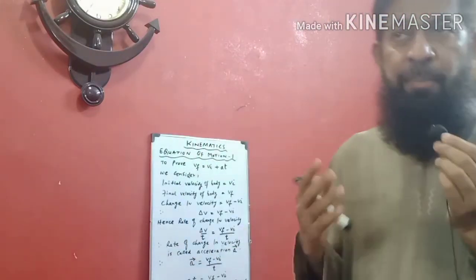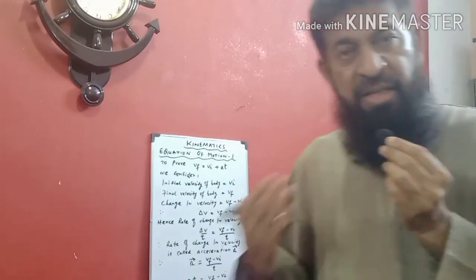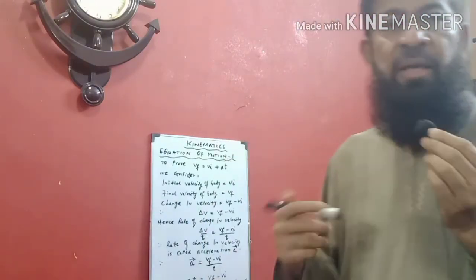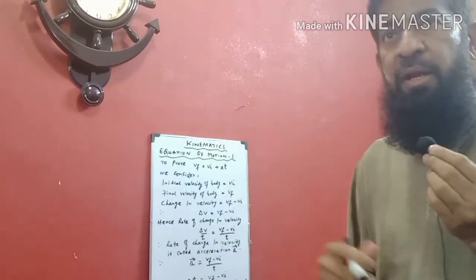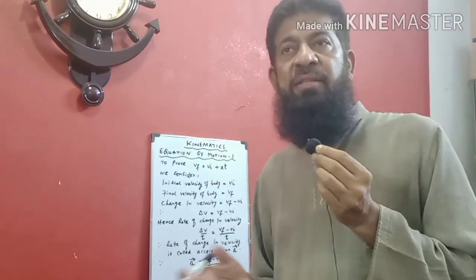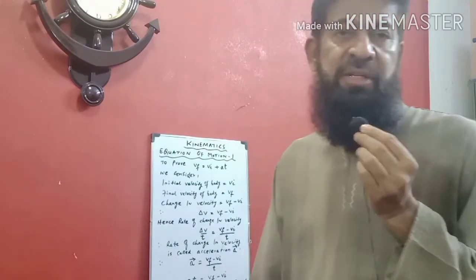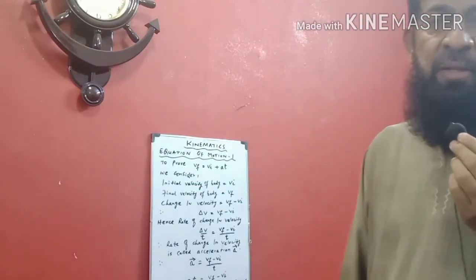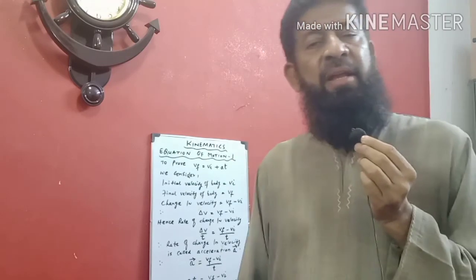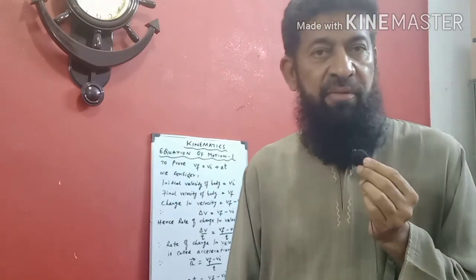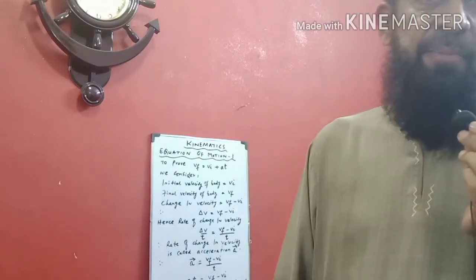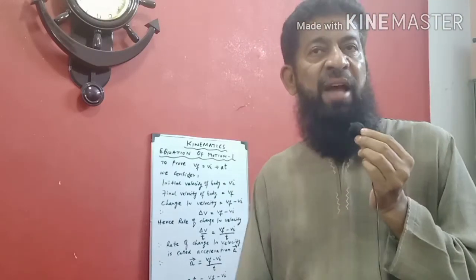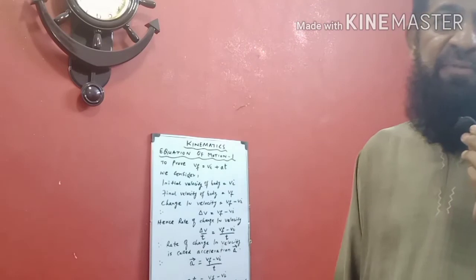As we know, the body increases its velocity faster and faster. This is the final velocity of the body, represented by the variable Vf. Vi is the initial and Vf is the final velocity we have.